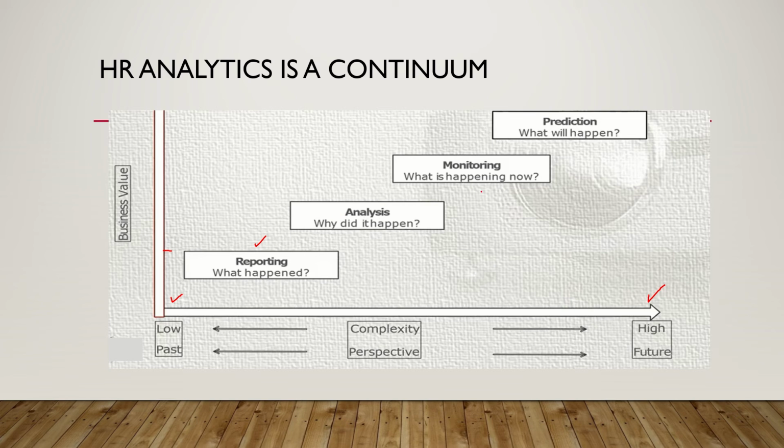Then what is happening now, at the present? This is monitoring. HR has a monitoring role, but for the future, HR has a bigger responsibility. It has to predict what will happen in the future. Take for example, who are the people at high flight risk, who are going to leave the company? This is just an example.